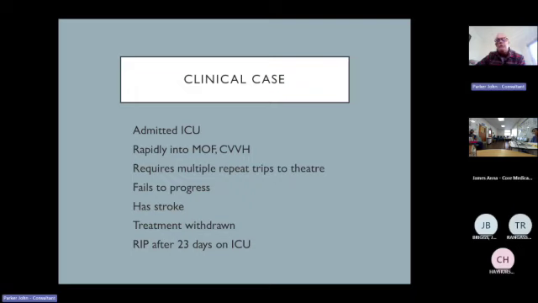So we need to be mindful that there may be other markers of deterioration that we need to look out for and spot, and maybe move these patients to theatre sooner than they are.